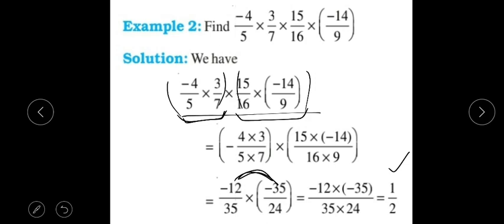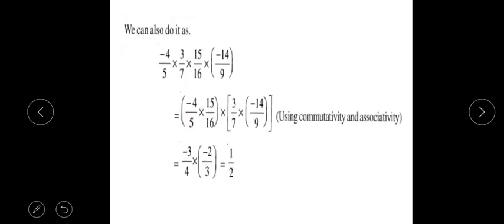Now how to use the properties? Here we can see that these are the multiples of 3, right? So let's check this. If we take these 2 together, then we can easily see that 15 would be cancelled by 5, 3 times, and 4 will divide 16, 4 times. The result would be 3 by 4.